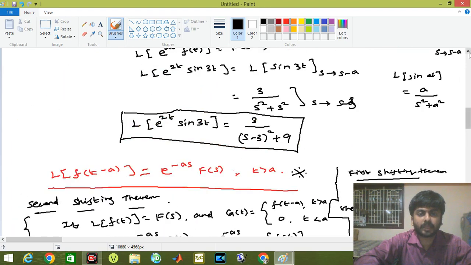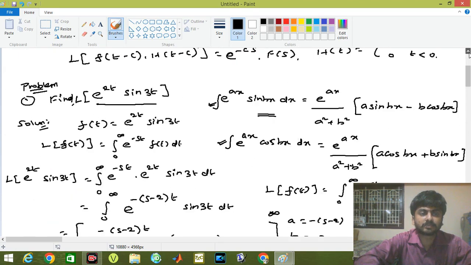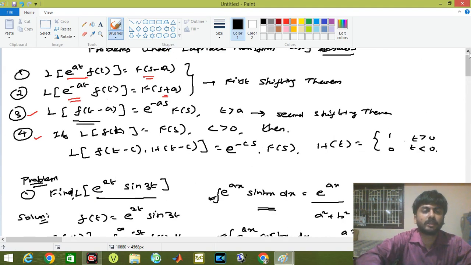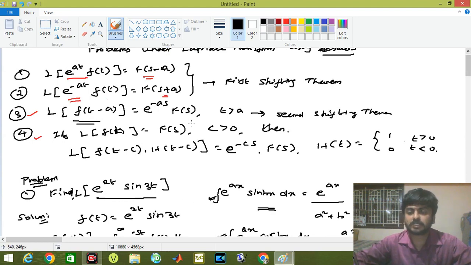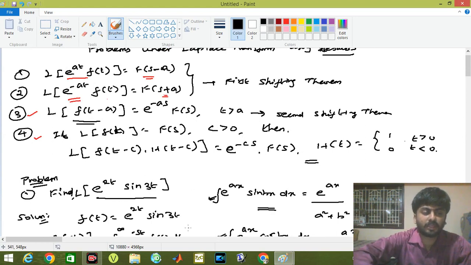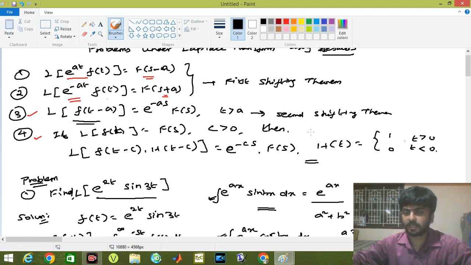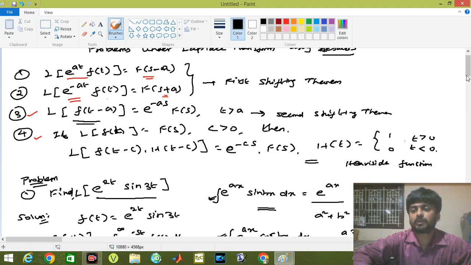You have to kindly make a note that this h of t minus c means this h of t is a Heaviside function.